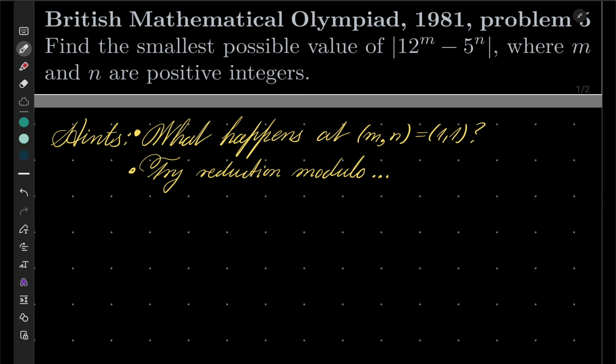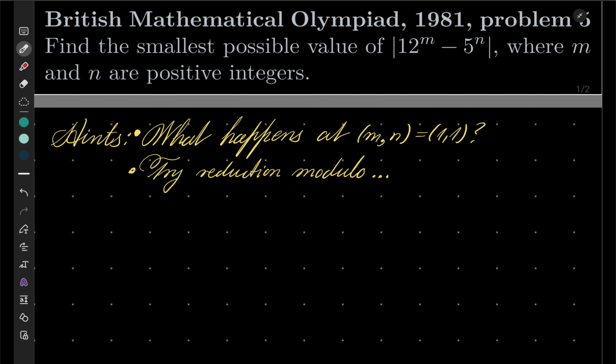I will give you some hints to try. It's always good to check what happens at the initial values, because the smallest positive integer is number 1. So it's good to check what happens at m, n equals 1, 1, and then you can guess that we attain the minimum of our function there.